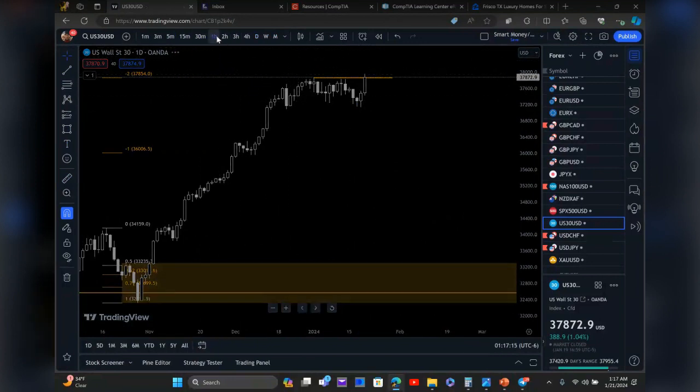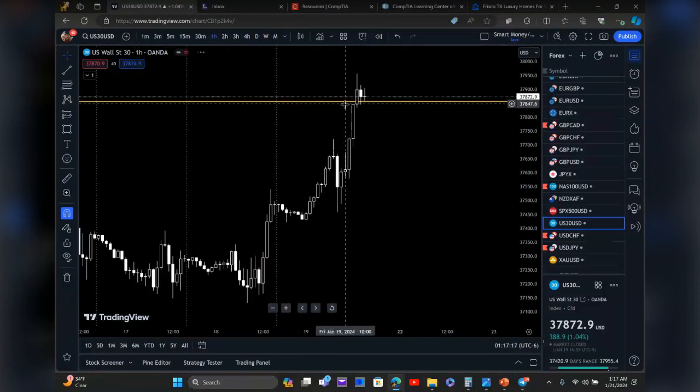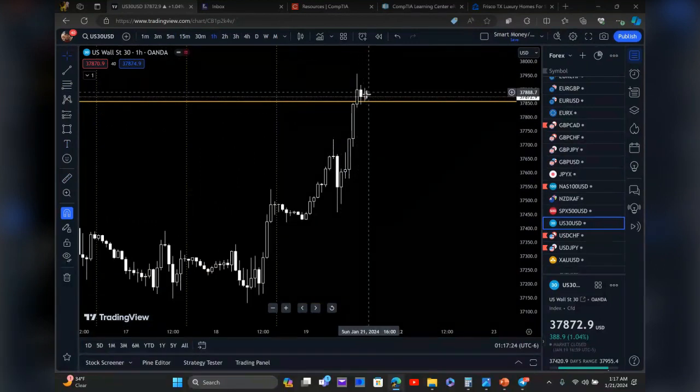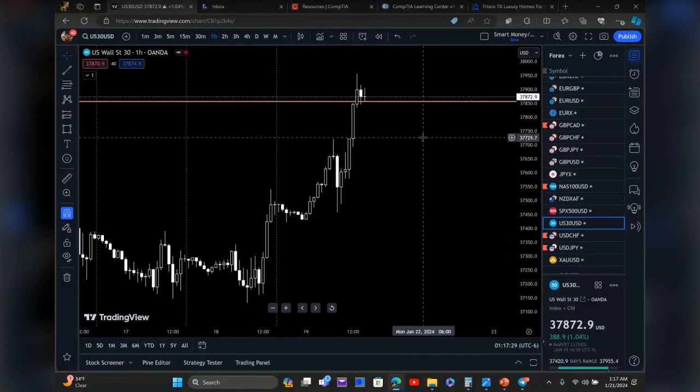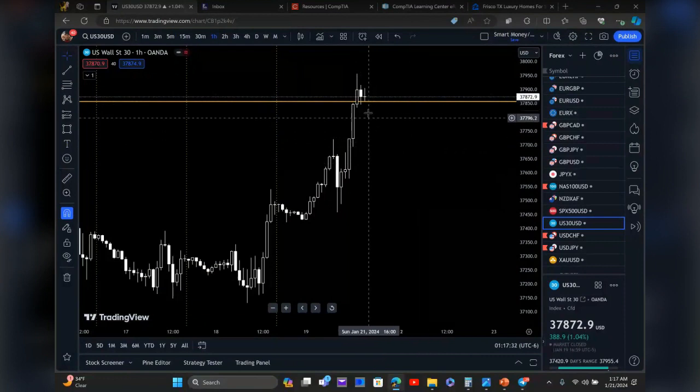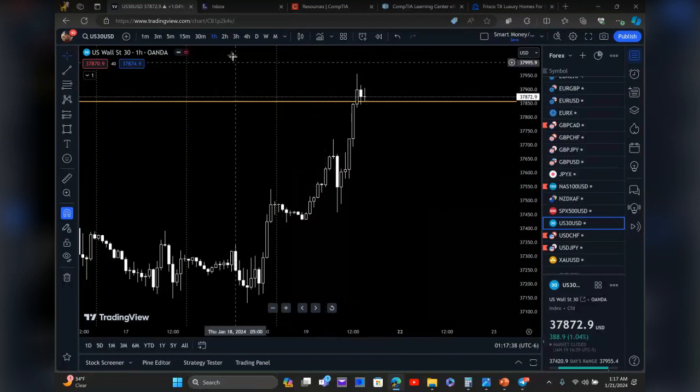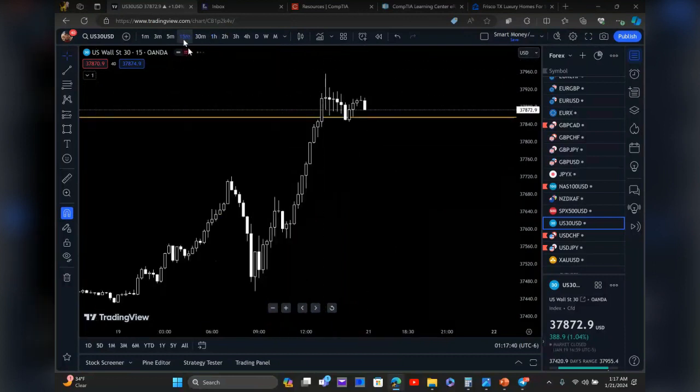Let's go to the 1 hour. On the 1 hour, we got this bearish candle right here. Price is still above where it took liquidity. What I want to see, if this is going to come down, I want to see it start coming down. So this is all we got right now as far as bearish action.